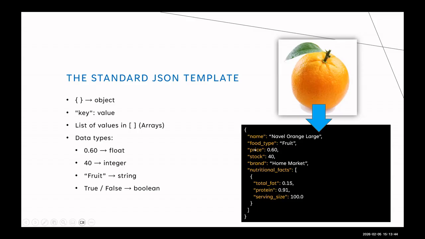So name, food type, price, stock, etc. If there's a list, the list can house multiple strings. It can house multiple integers, multiple floats, even true and false. Now, true and false, I didn't add here. We can get to that later if you want, but it's not necessarily in this example.